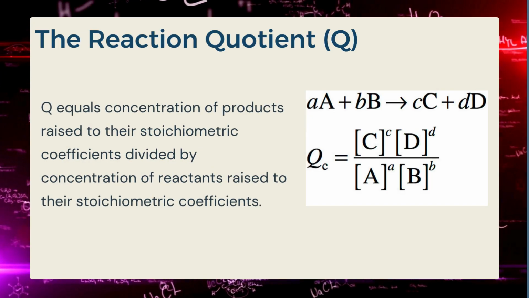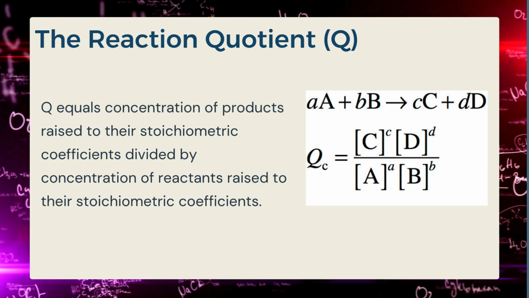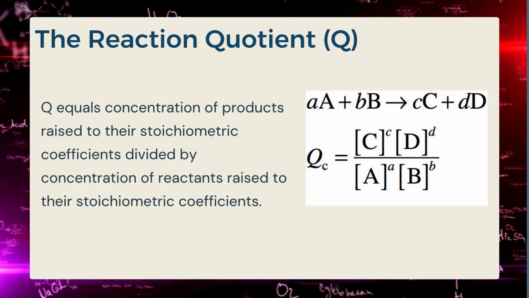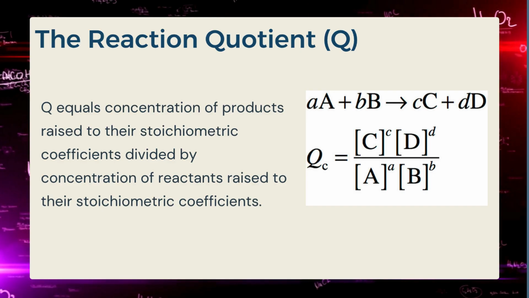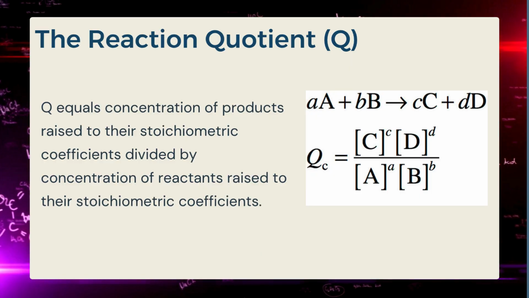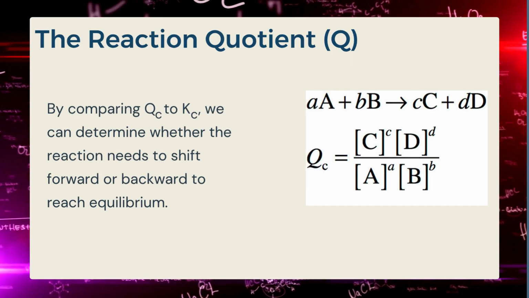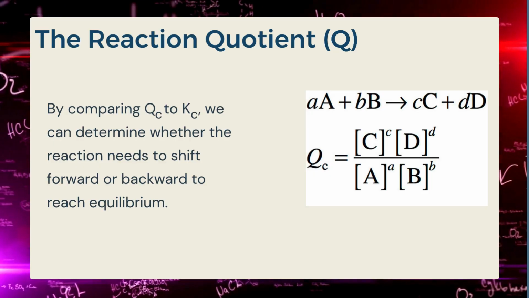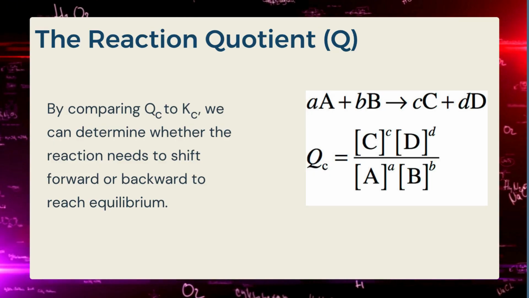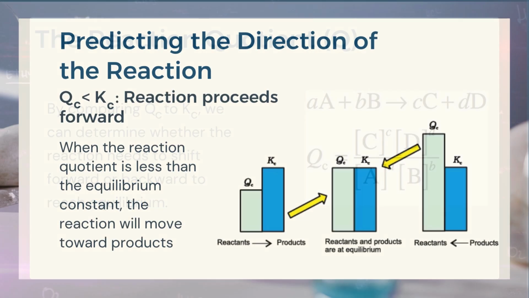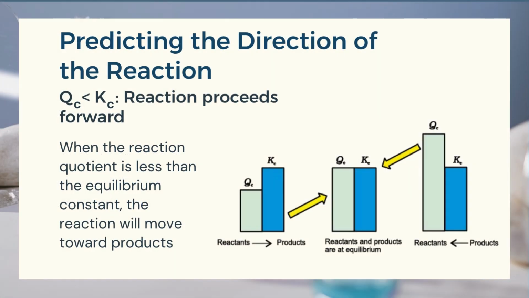It is defined as Q equals concentration of products raised to their stoichiometric coefficients divided by concentration of reactants raised to their stoichiometric coefficients. By comparing Qc to Kc, we can determine whether the reaction needs to shift forward or backward to reach equilibrium.